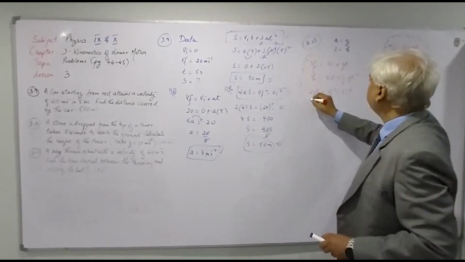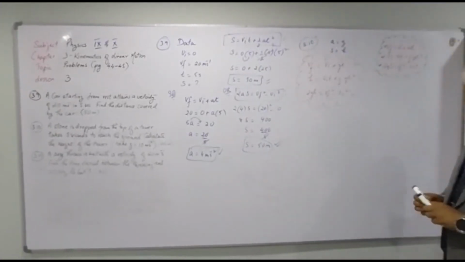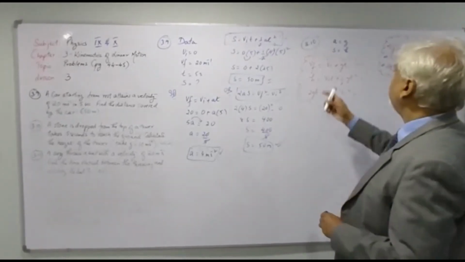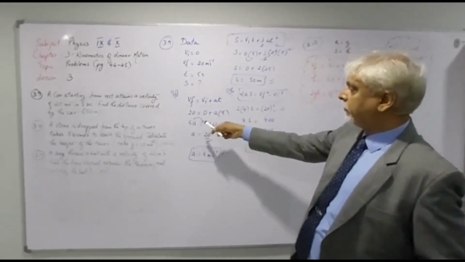So we will be using these equations of motion now, because we are talking about bodies moving vertically. So in 3.10 we have a stone dropped from the top of a tower.